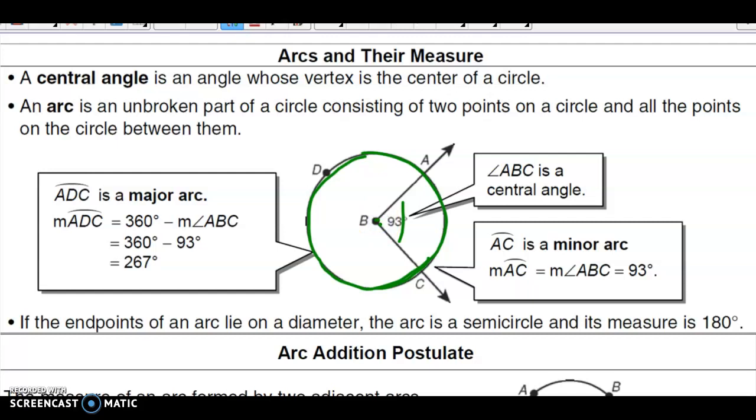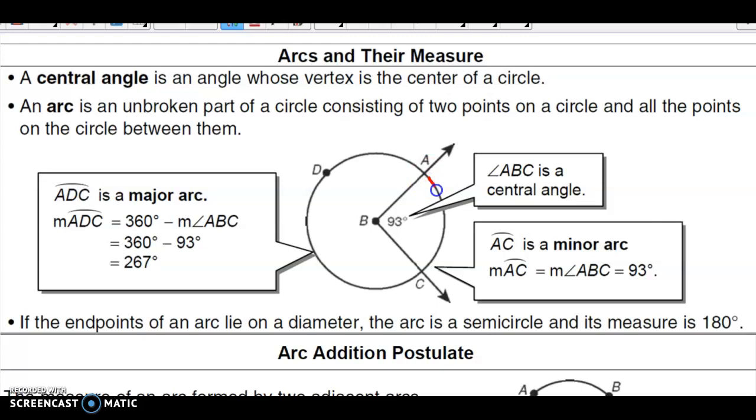And the arc, which is an unbroken part of a circle. For this one, the same circle right here, consider two points on a circle, and all the points on the circle between them.